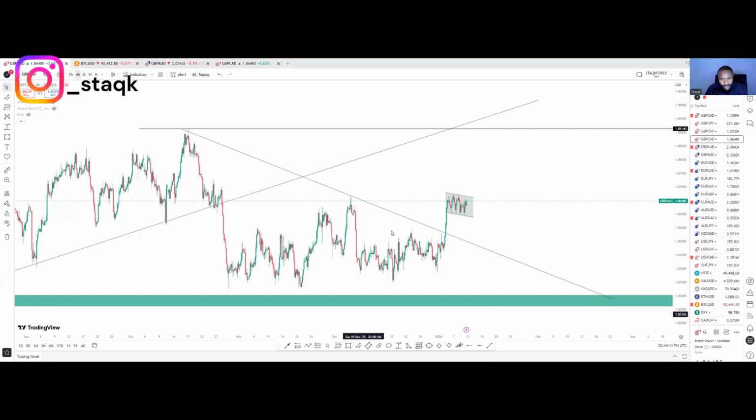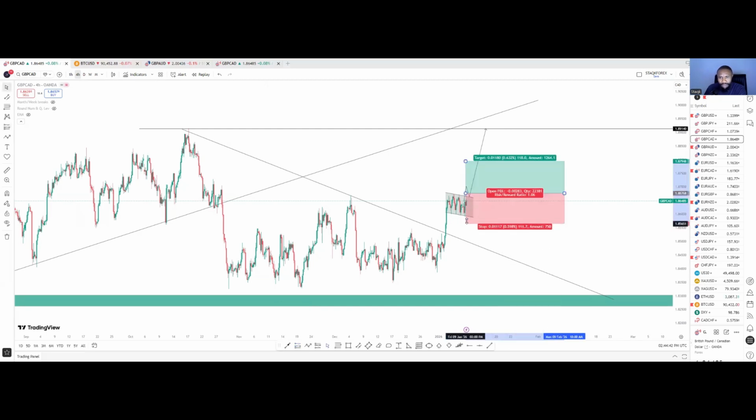So what I will be expecting from GBPCAD is this. As long as I see a bullish flag pattern, I will be expecting something like this: a breakout and a retest, then buying to this level. So for me, this is what I'll be expecting on GBPCAD. A breakout from this flag pattern, then a retest, then I'll buy to this zone. Let's see how many pips it will be from this zone. My stop loss will be 50 pips.